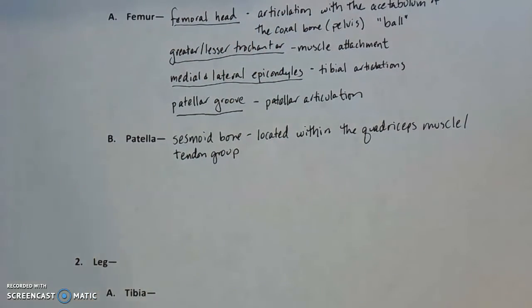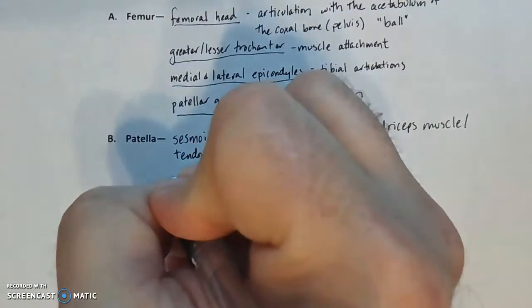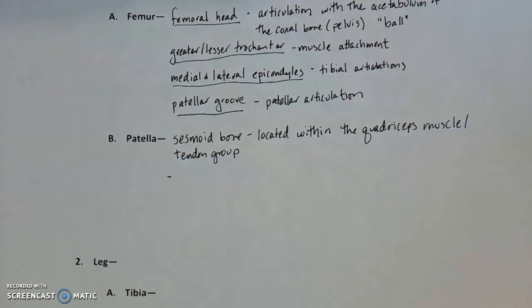And it's attached to the tibia via the patellar ligament. That's the one that they hit whenever they do a patellar reflex. And there is a really good reason for having that. This is a very high stress joint. So this adds some protection, but having that bone in there changes the angle of the tendon.